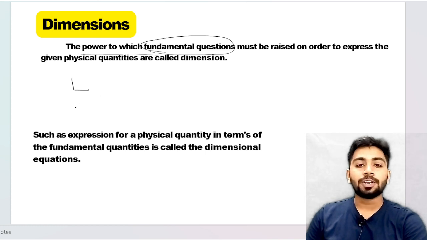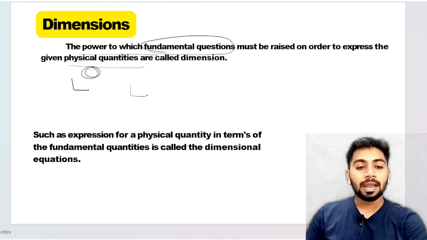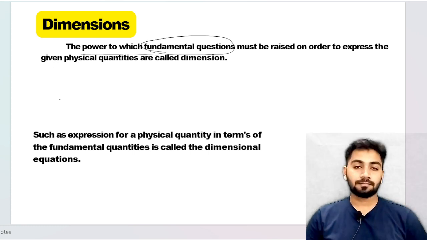This fundamental quantity is raised to some power in order to express the physical quantity. If I have 2 times of length, then I will write like this; 3 times of time, then I will write like this. This is basically called dimension. Just simple: for fundamental quantities, we are raising their powers.